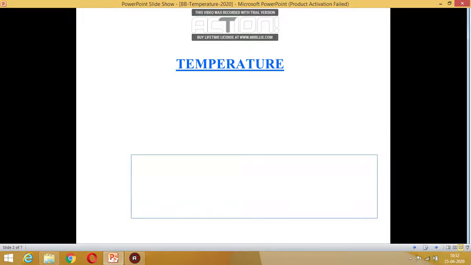So temperature is actually defined for a bulk system, right? Bulk also we realize is where you have a huge number of atoms and molecules, of the order of say Avogadro number of particles, right?